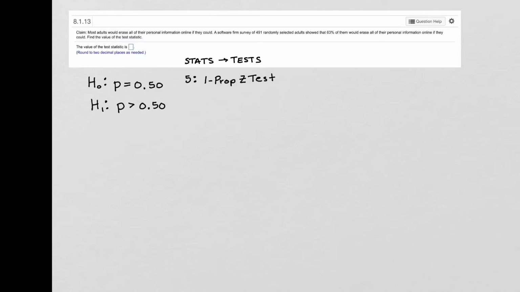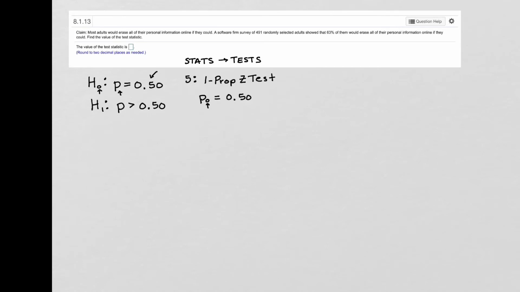The first thing that they're going to have you enter is the value of P0, and that's the value in the null hypothesis. So that's going to be 0.5. Notice that there's a little 0 here, and there's the little 0 here, so they kind of match up like that. You don't have a 0 in the variable in the null hypothesis.